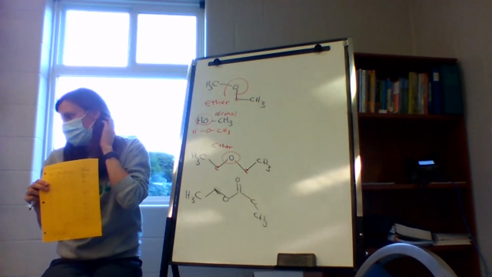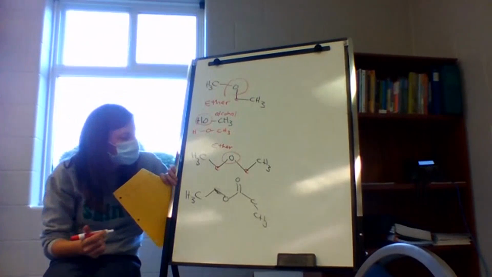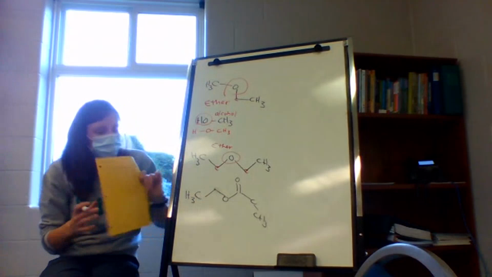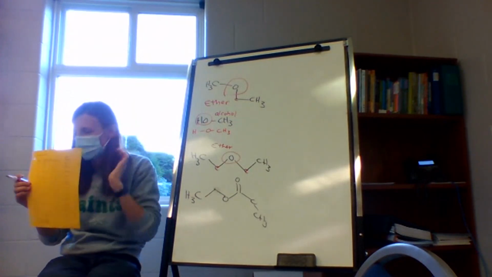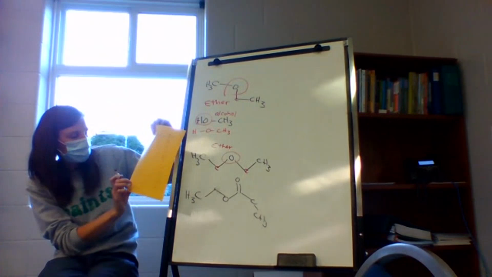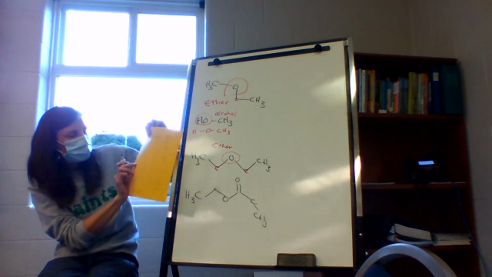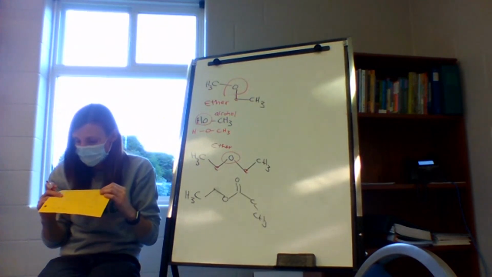Now this last one, we've got two O's. So what we want to know is, is that one thing or is it two things? Let's take a look. Where do we have double bonded O's? Kind of towards the bottom. So we've got two O's.